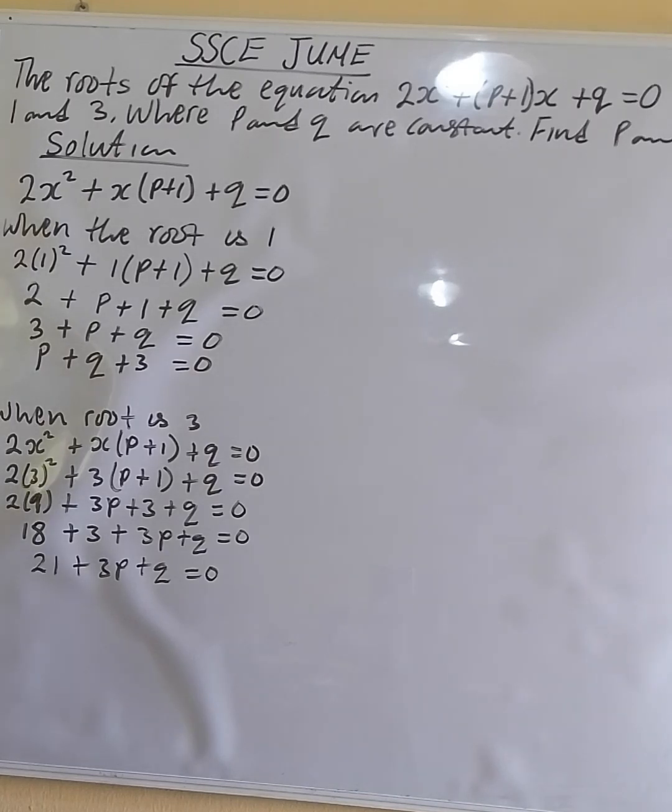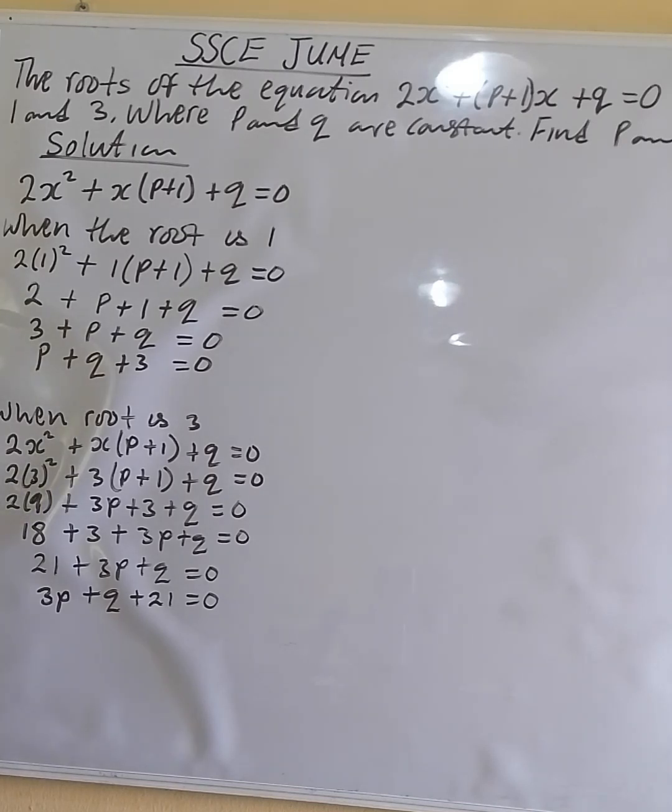So as we have it like this, it will give us 3p plus q plus 21 equals 0. Are we together? So that's what we arrive at for when the root is 3.